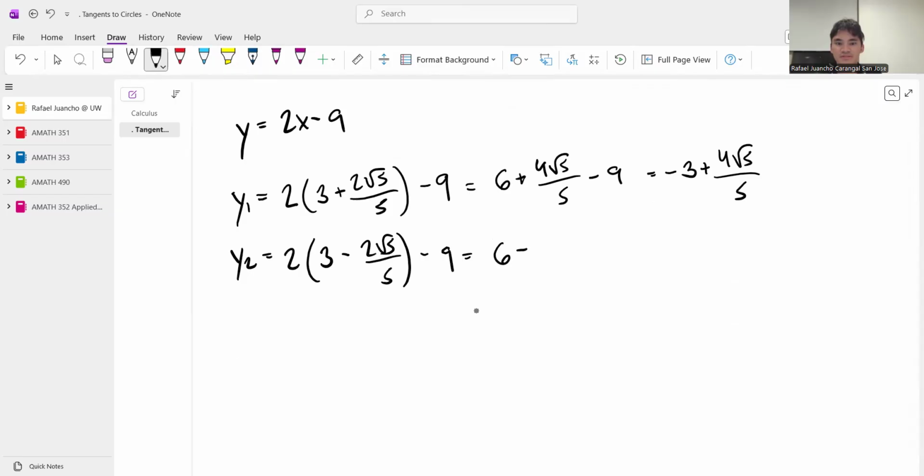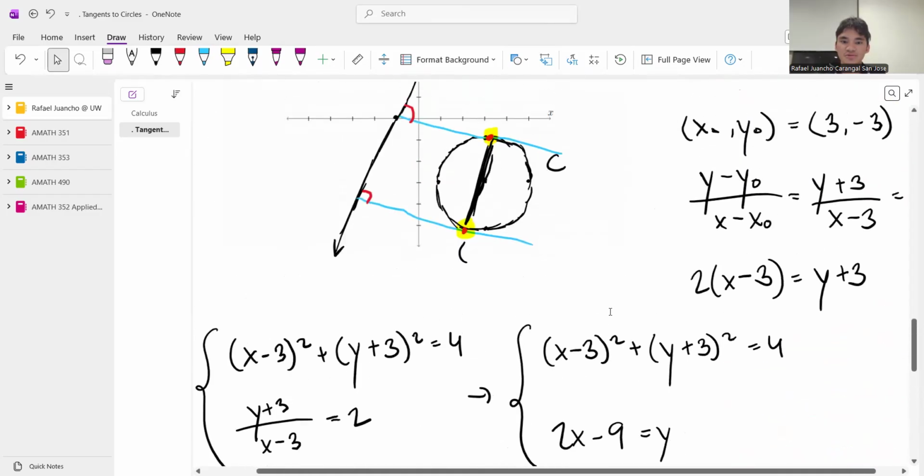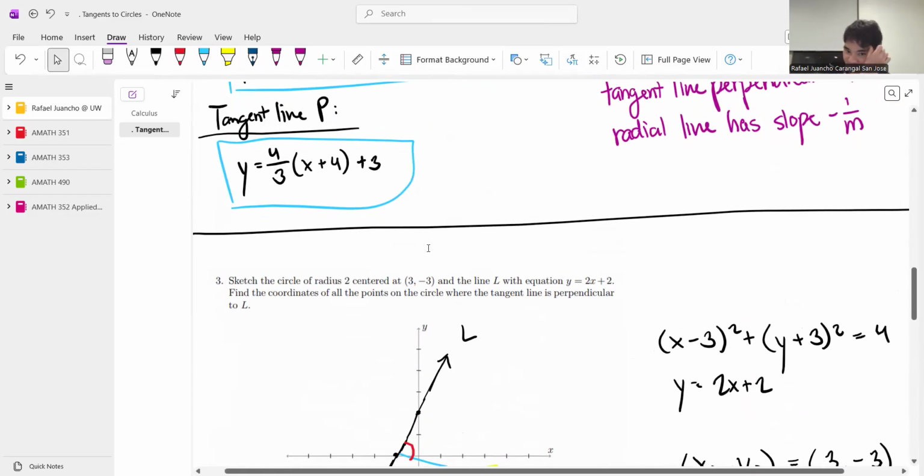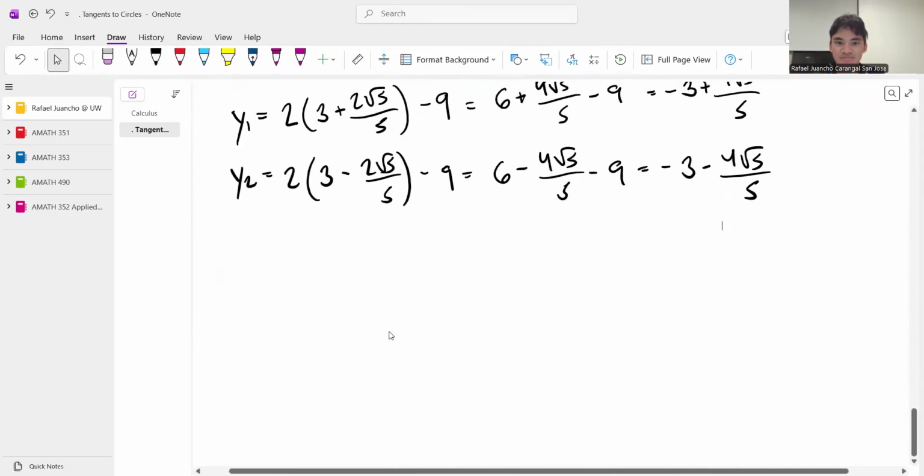That would be 6 minus 4 square root 5 over 5 minus 9. And we end up with this. So again, same answer.